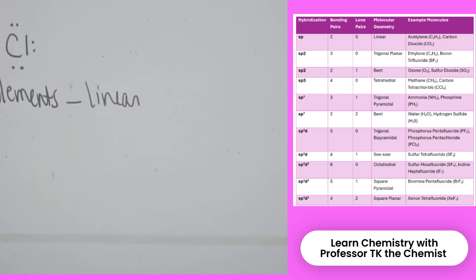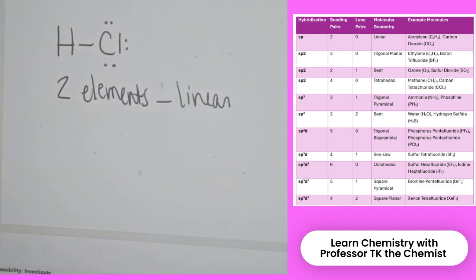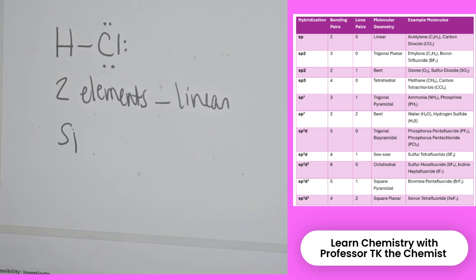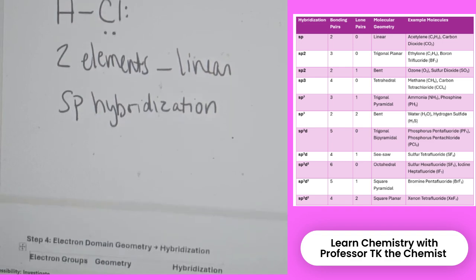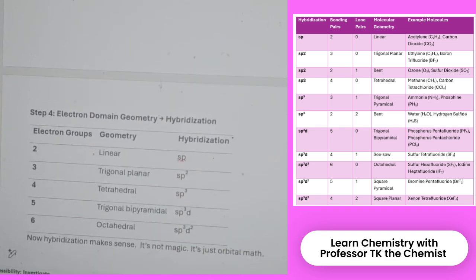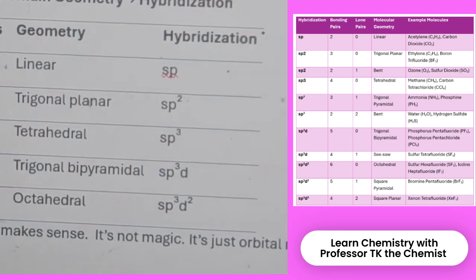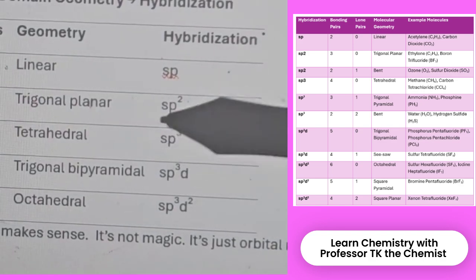sp. Now, I'm all about looking at patterns, as I told you before. And when I look at patterns, this is the thing I want you all to keep in mind, so that it's easier for you to remember this, okay? Let me zoom in so you all can see this. It starts off as sp.